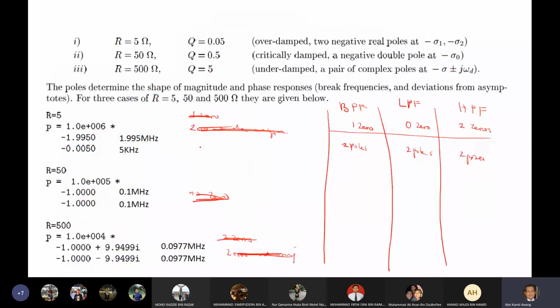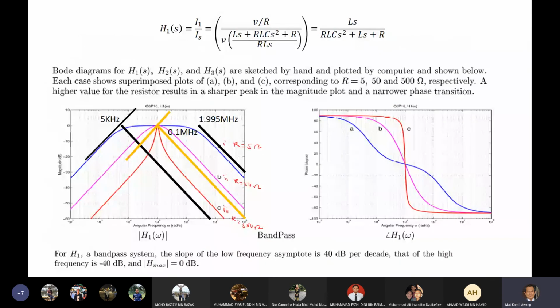But if you draw the asymptotic line, for the first one, let's say we take this one, basically at 1.995 and at 5. 1.995 is about here. This is 1 times 10 to the power of 6. This is 2, 3, 4, 5.